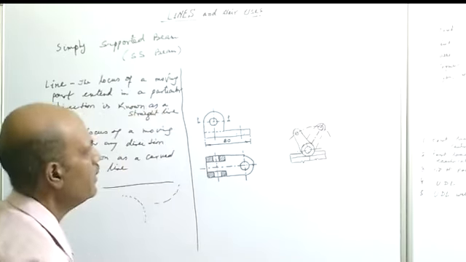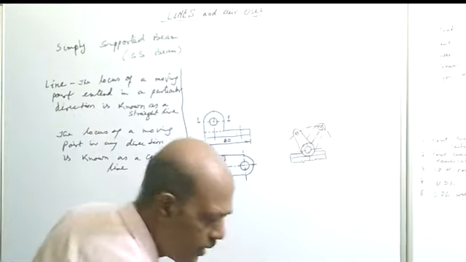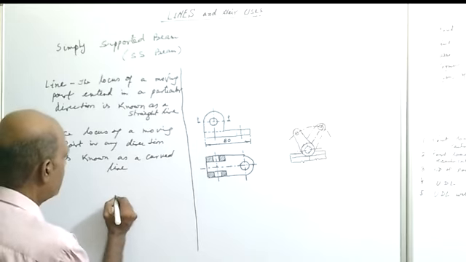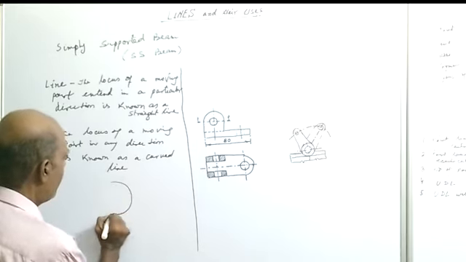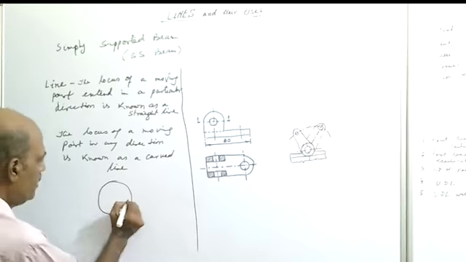Now we will see the arc. What is an arc of a circle? Say this is the circle. Consider the locus of a moving point which is equidistant from a fixed point.